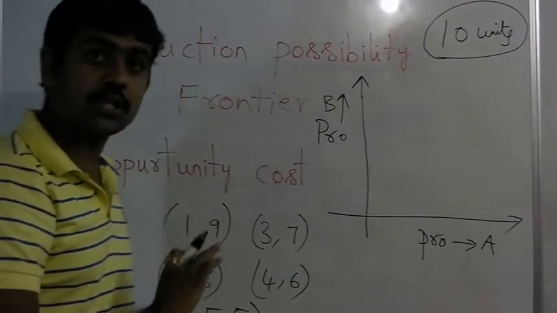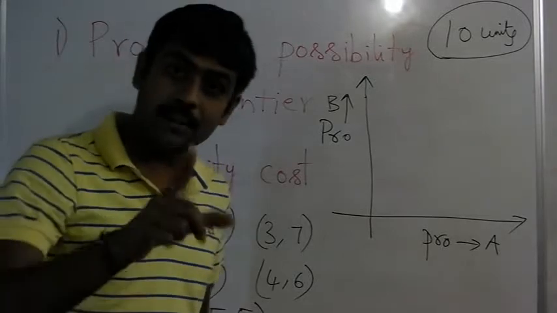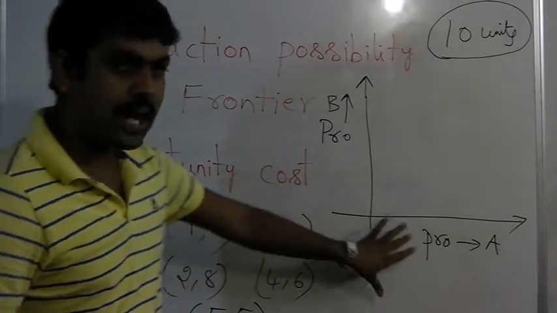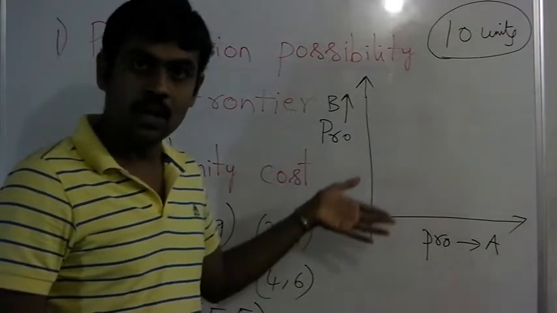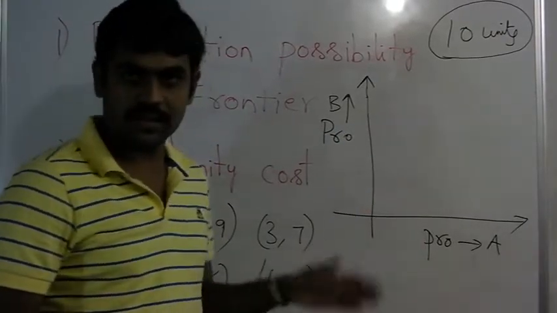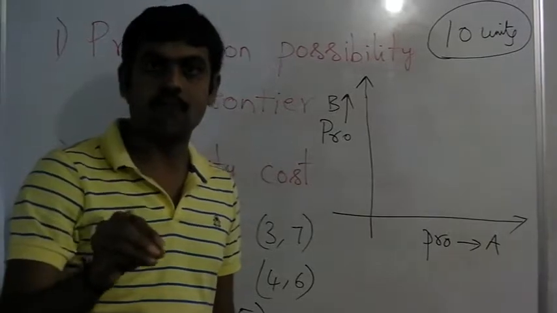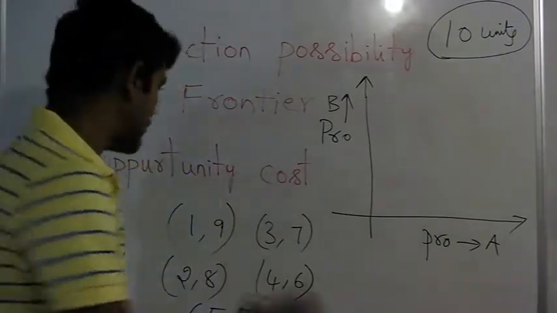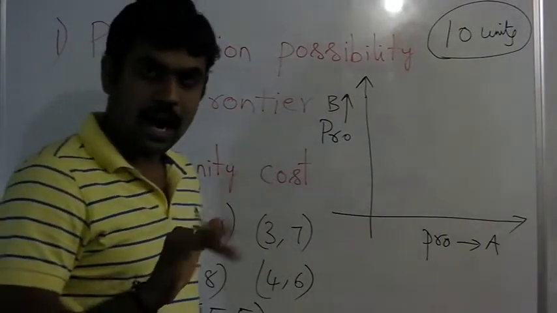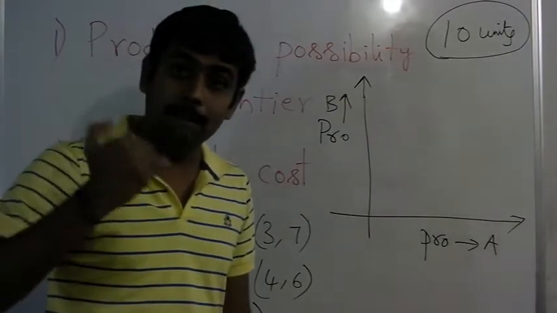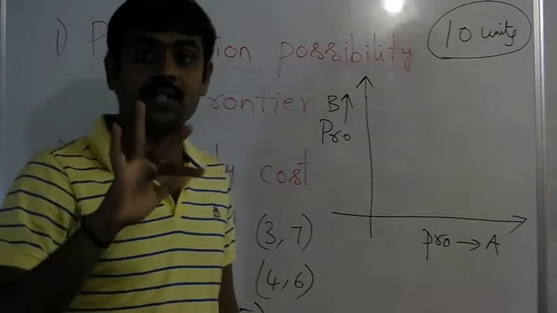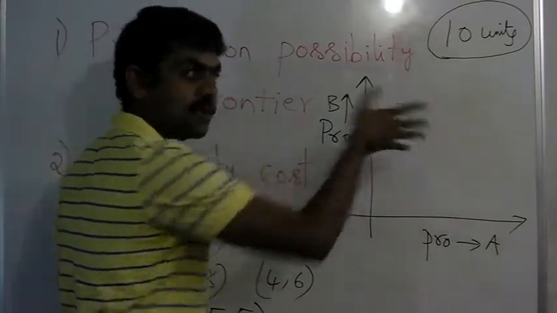But the combination should result in the complete making of either the good A or the good B, or the service A or the service B. Not half production, in the sense that 50% of good A was made out of the allocated resources. No, 100% of the good should be produced. How many goods are produced is another case we are going to discuss here.